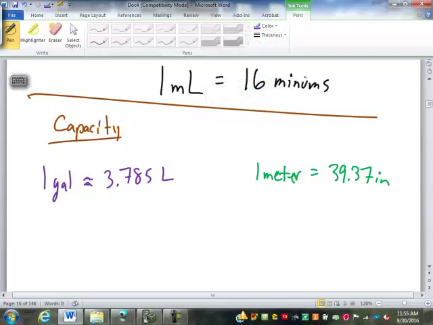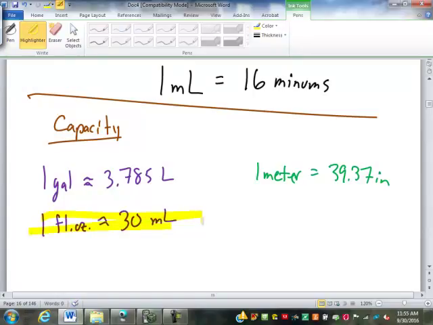But anyway, we'll stick to capacities. We have 1 fluid ounce is approximately equal to 30 milliliters. Now I'm going to highlight this one because in your textbook, I have to laugh about this, about 3 pages apart. On 1 page, it says 1 fluid ounce equals 30 milliliters. And about 2 or 3 pages later, it says 1 fluid ounce equals 29.9 milliliters.